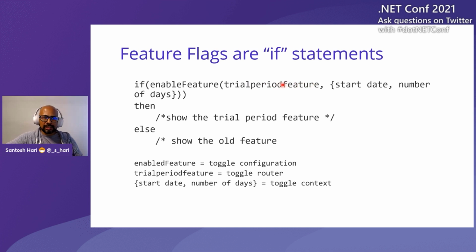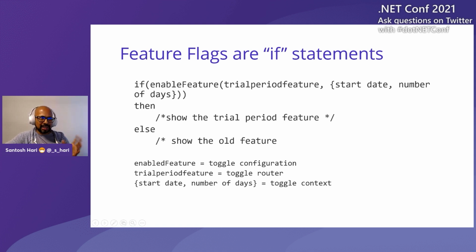In this case, it's the trial period feature, and that is a method that calculates, when the feature flag is enabled, if certain conditions are triggered or not. And finally, you have the start date and the number of days. These are called a toggle context, which means these are conditions under which the feature flag is triggered.